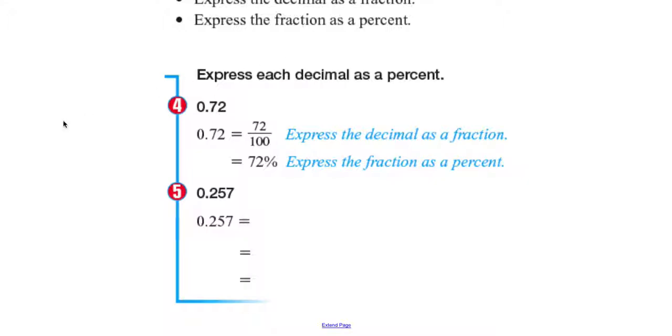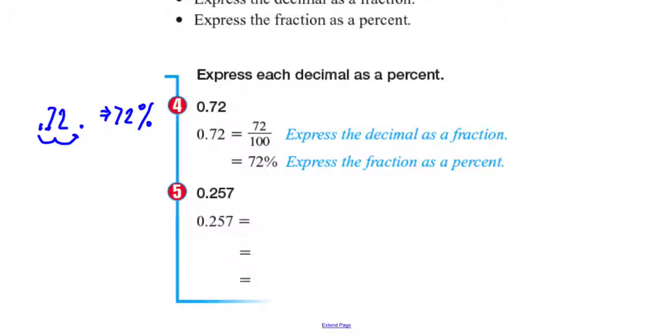Another way of doing this is the opposite of the tip that I gave you. Since the decimal is 0.72, instead of moving 2 spaces to the left, when you're multiplying by 100, you move it 2 spaces to the right. That's why you now have 72, which is the same as 72%. After that, you simply put the percent sign.